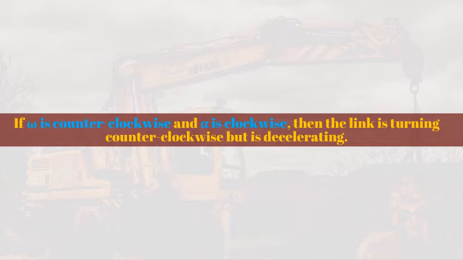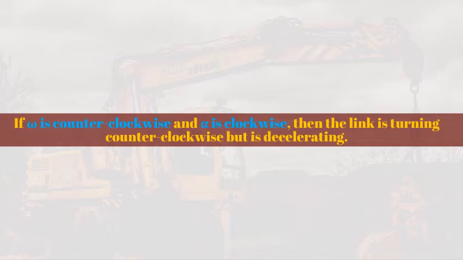But since alpha is opposite, it means that it is decelerating. On the other hand, if they are rotating in the same direction, it means that the link is accelerating. That's how you can interpret the direction of omega and the direction of alpha and their relationship with each other.